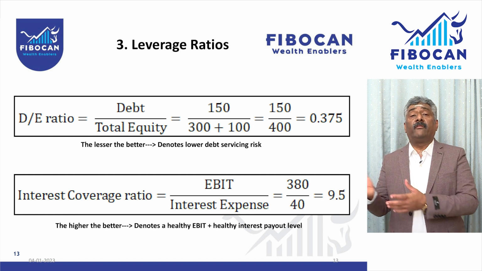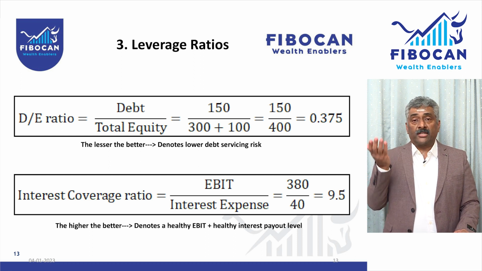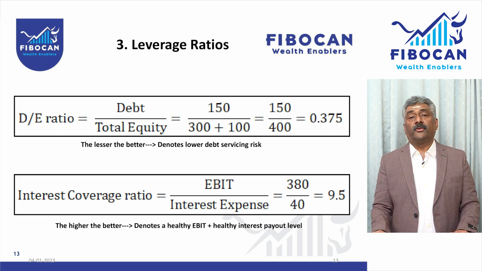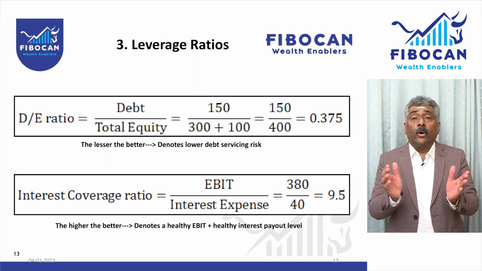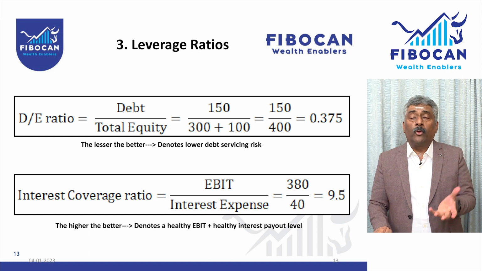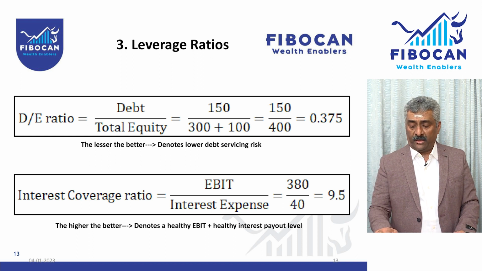Then what will we give to shareholders? So the higher the better. That means EBIT has to be increased and interest expense has to be reduced. You borrow less or borrow at lower interest rates, and also improve your operational efficiency so that your EBIT increases. Very clear?